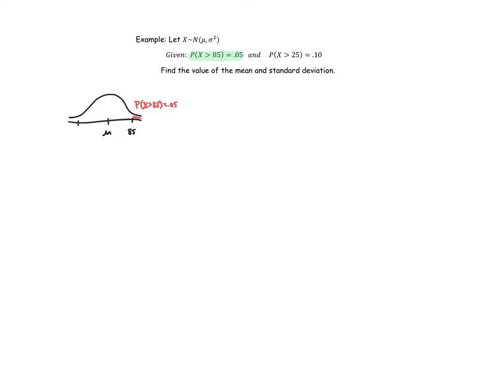Let's look at the same idea here on the standardized curve. Not a great sketch, but this would be the probability that z on the standardized curve is greater than, let's call this a, is equal to 0.05.